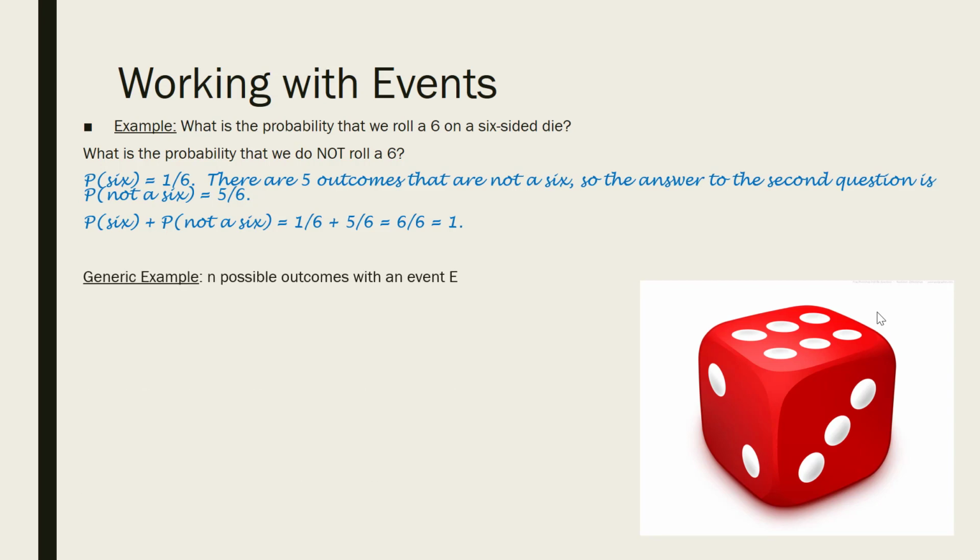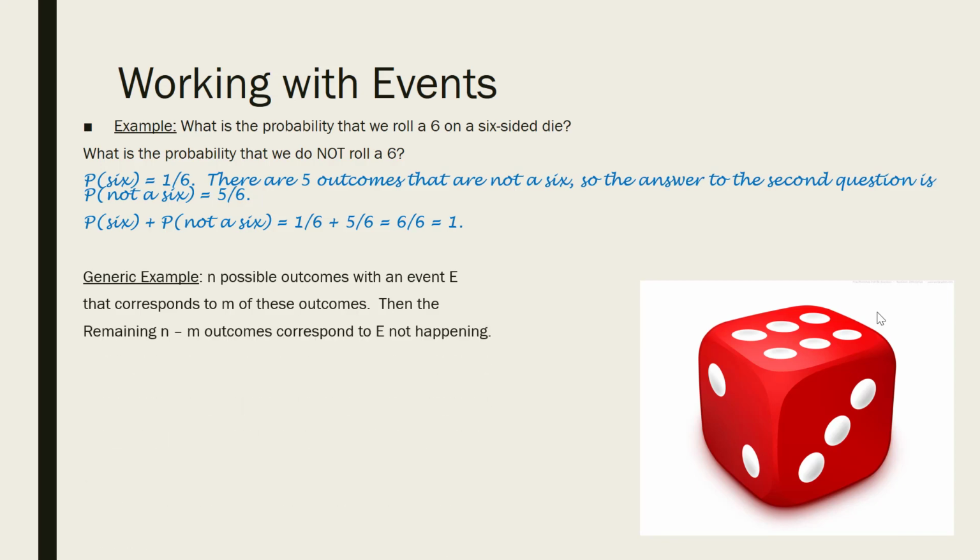This is not a coincidence. Here's a generic example. Say we have N possible outcomes with an event E that corresponds to M of these outcomes, then the remaining N minus M outcomes correspond to E not happening. So in mathematical terms, we would write the probability of not E happening would be N minus M divided by N. If we broke up this fraction into 2 parts, we would have N over N minus M over N. And N over N can simplify to the number 1.